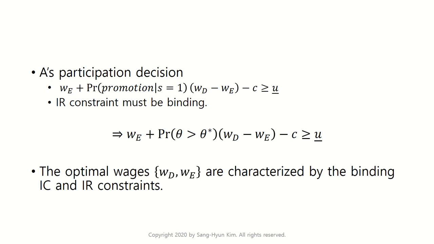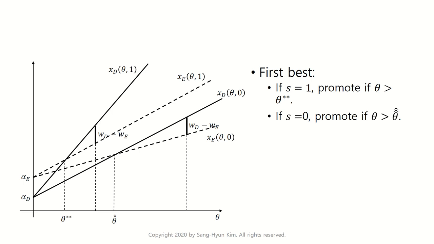So we'll just get the optimal wage by solving the two equations which are the binding IC and IR constraints. Okay. So then, why is that? Why should they be binding?